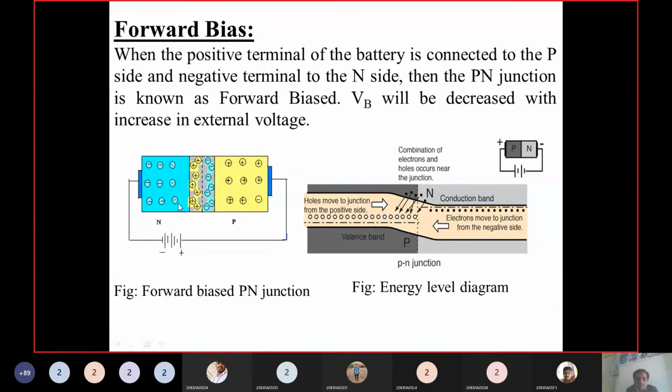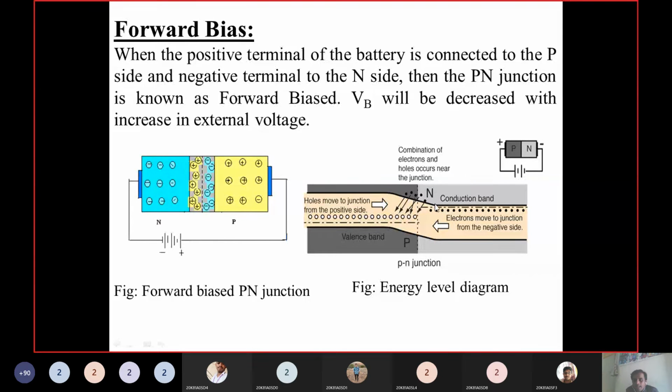In forward bias, the width of the depletion layer decreases. The electric field also decreases, meaning the difference between this level and this level decreases. If you observe the energy level diagram, this is the conduction band energy level of the P region and this is the conduction band energy level of the N region.